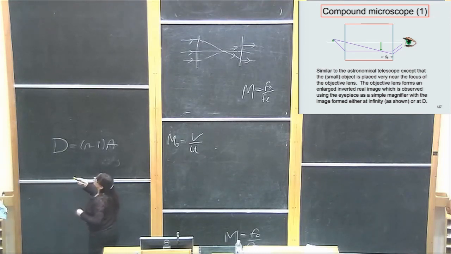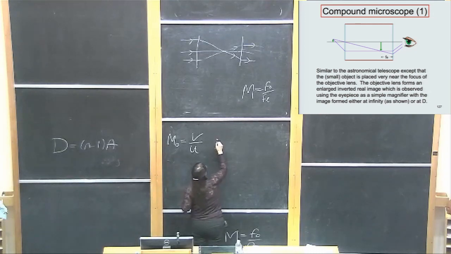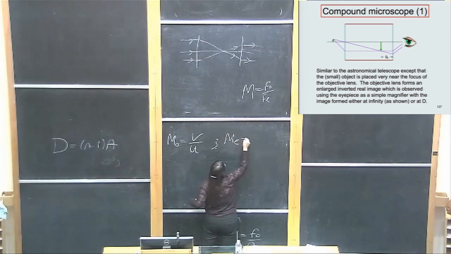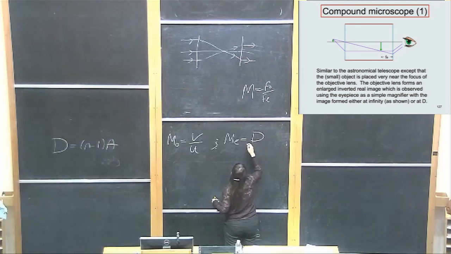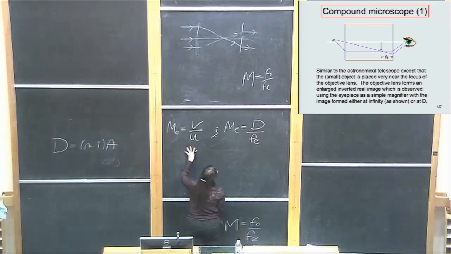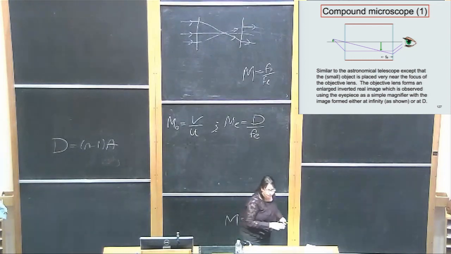That's the first stage of magnification. And then you've got this second, magnifying glass type stage of magnification, given by d over the eyepiece focal length, as we learned about yesterday.